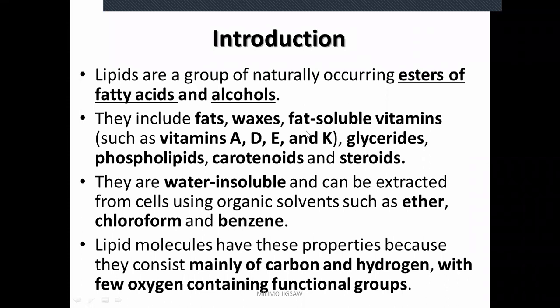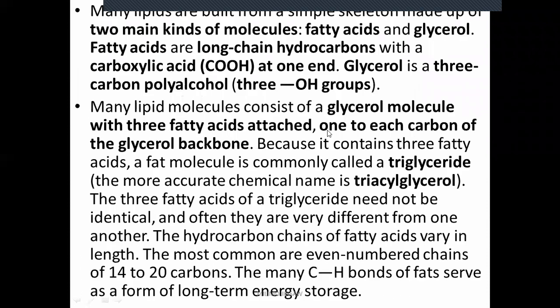In contrast to carbohydrates, which contain a lot of oxygen, lipids contain very few oxygen-containing functional groups. So that's the lipids.